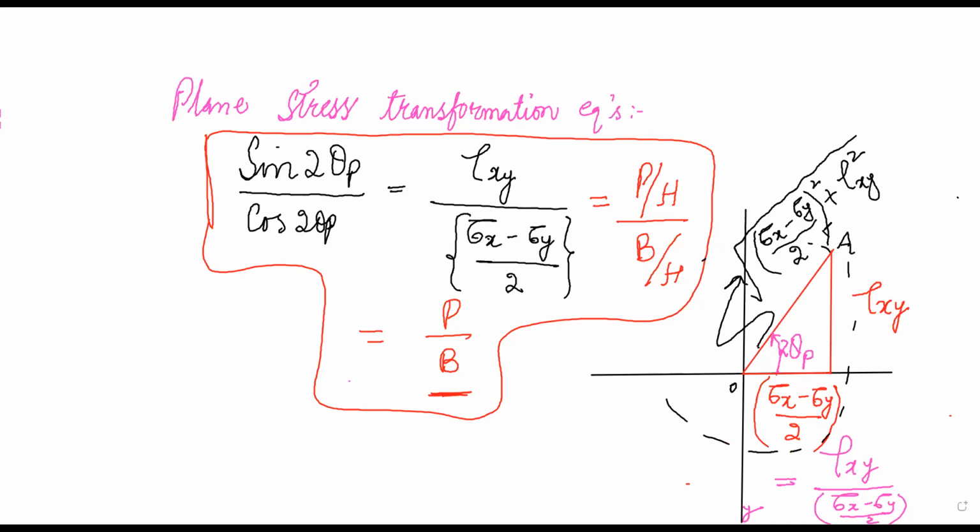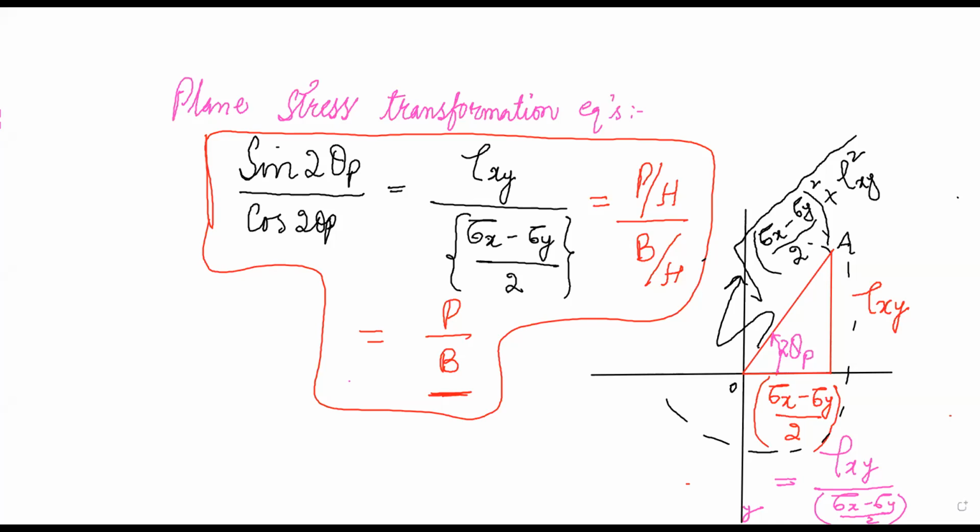Somehow you are linking the transformation equations and the Mohr circle construction. There is some link between them. At least we are getting that the right angle triangle has perpendicular equal to tau xy, and its hypotenuse and base are also given. Any question till now? Fine.